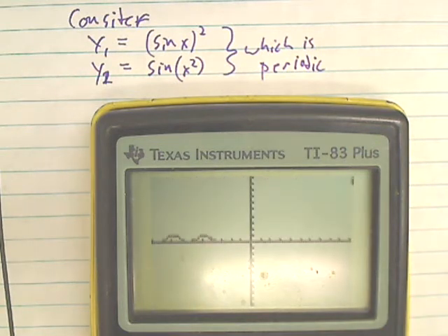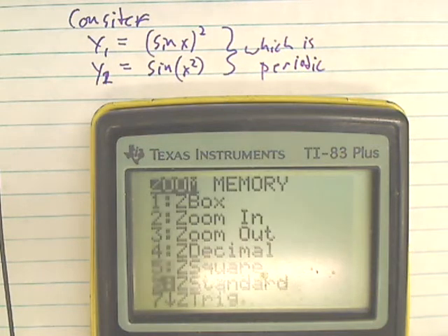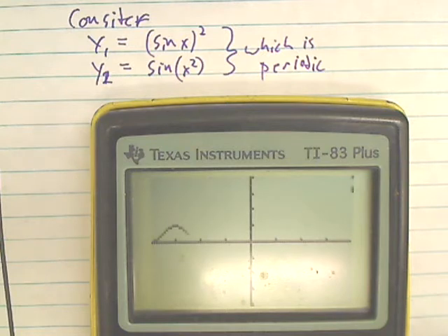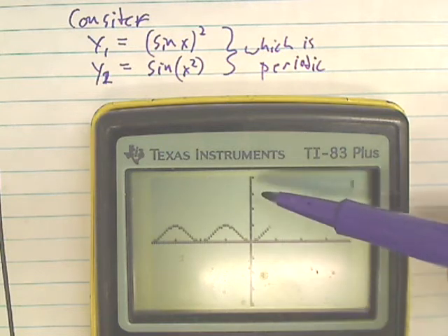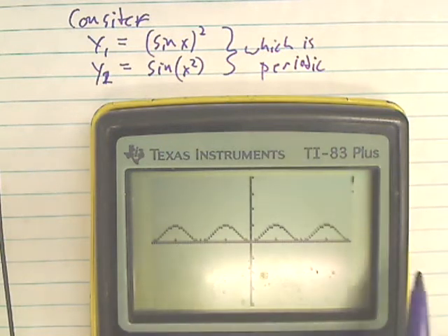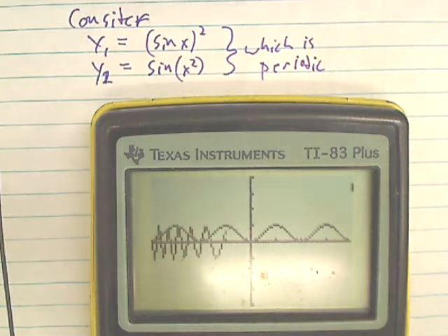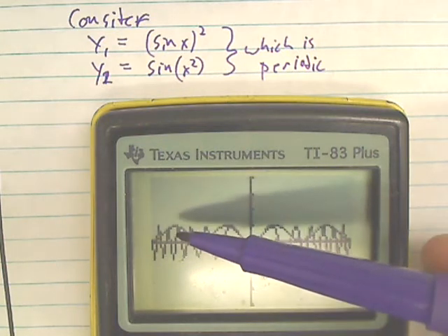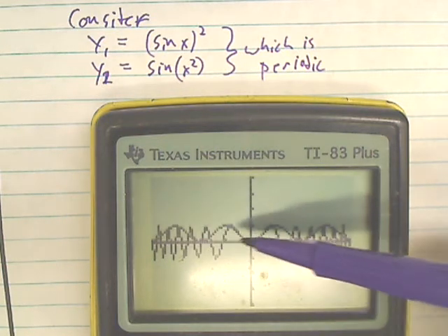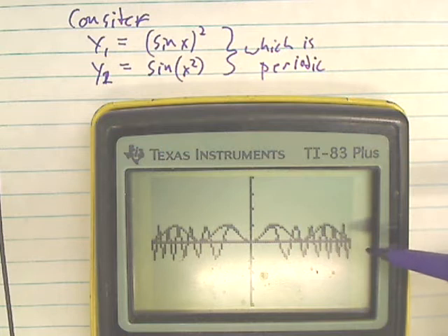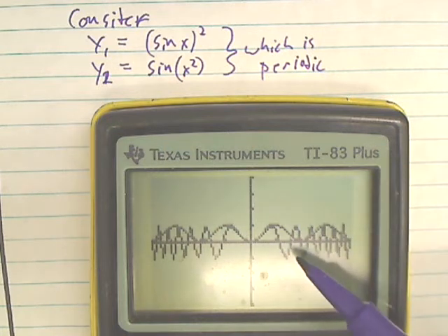So there is y1. I can't see that very well, so I'm going to zoom trig. Zoom trig goes from -4 to 4, and I think from -2 pi to 2 pi. Okay, we have the first function there. Maybe I shouldn't have graphed them together. That first function definitely looks periodic. It repeats itself, the same exact thing, after about pi.